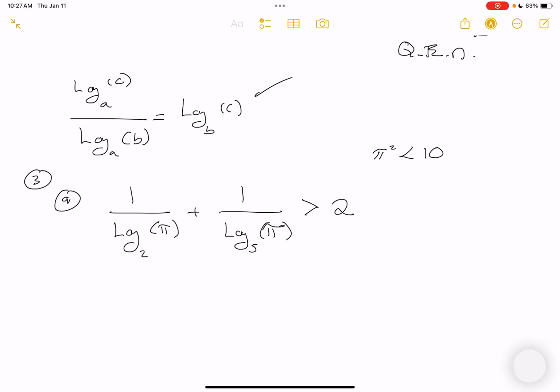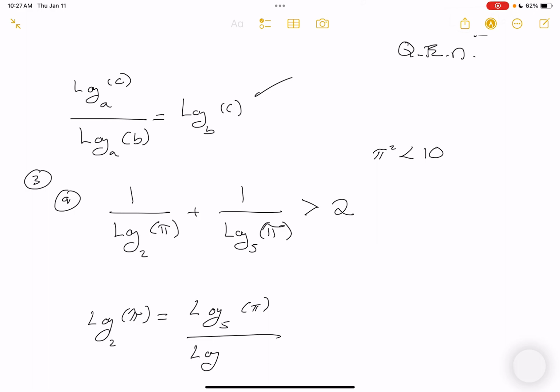It's almost like a base change formula. So let's write this over. Log base 2 of pi. Now, I'm going to go to base 5, because I see a 5 and I see a 2 there. And how do I do that? That's going to be log base 5 of pi over log base 5 of 2. This is a base change formula.